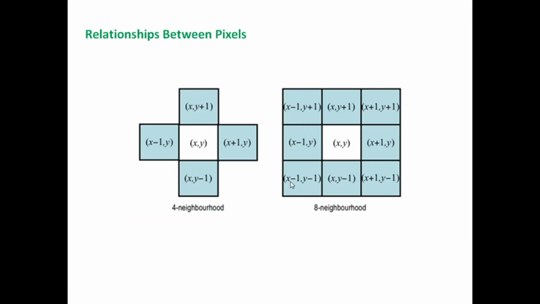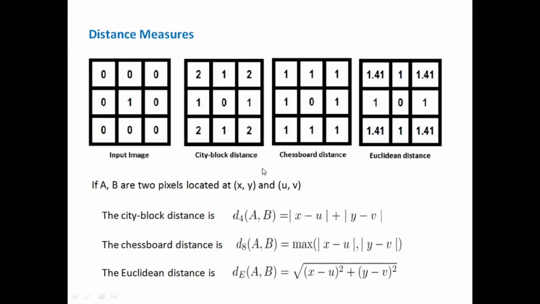So corresponding to the neighborhood, one can define the distances from its central pixel, or from any pixel to some other pixel. How will it be? If this is my input image, I need to find out some distance measures. If A and B are 2 pixels located at x comma y and u comma v.